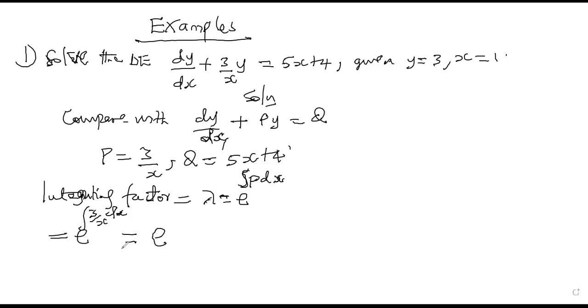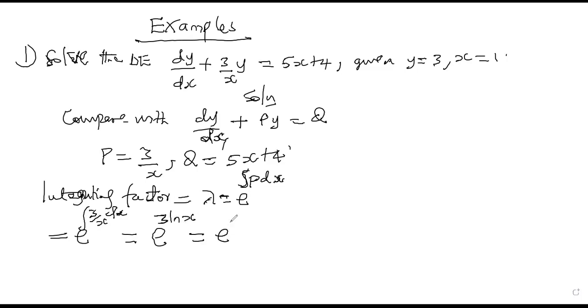When you integrate 3 over x, you get 3 ln x. Now, ln acts like a logarithm, meaning that 3 ln x is the same as ln x cubed.